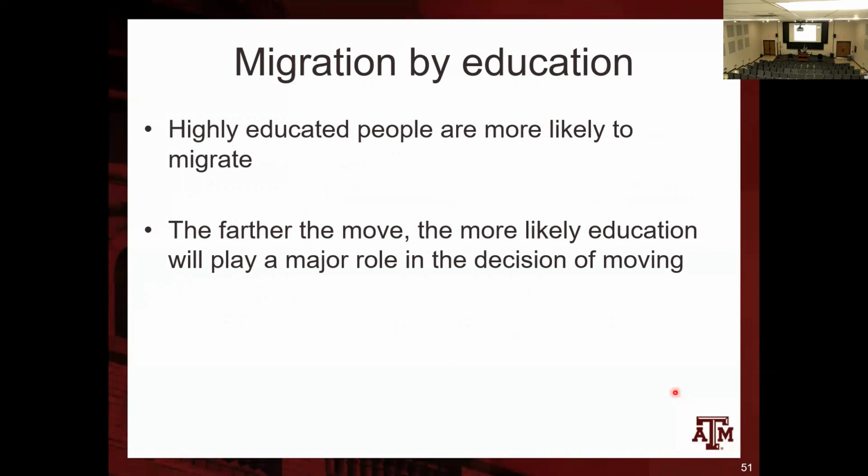The farther they move, the more likely education will play a major role in the decision of moving. Of course, lower educated people also migrate, but when they migrate, they're more likely to migrate into closer cities, into closer areas. More educated people tend to migrate into farther away areas.